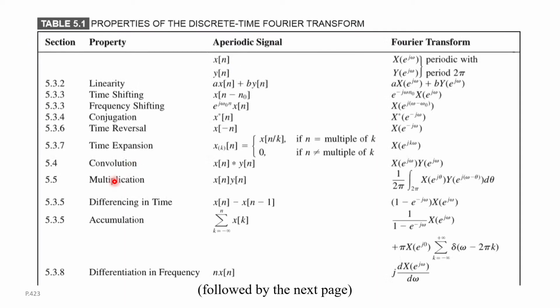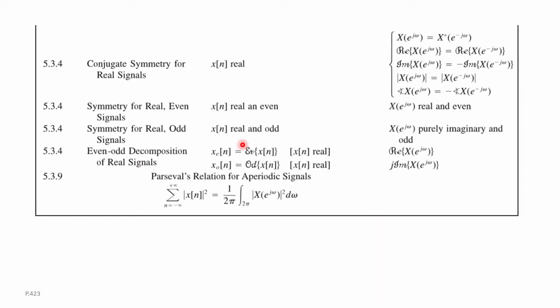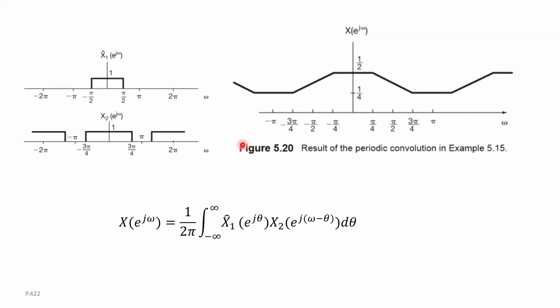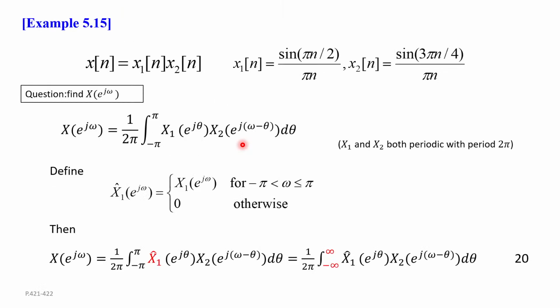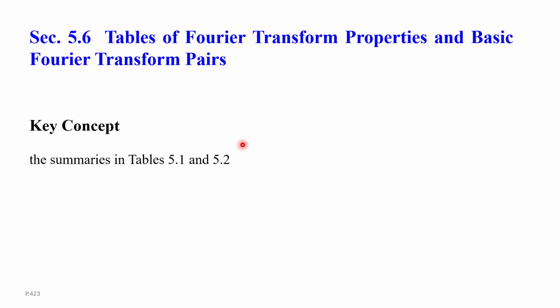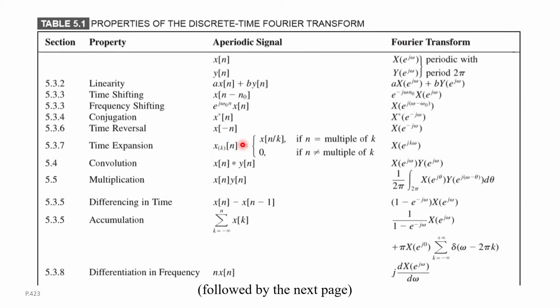Okay, so cheat sheet. So first are the properties. Once again, I forgot to list the Fourier transform formula. But anyway, properties of the Fourier transform. First you have linearity: a linear combination of your signals gives a linear combination of Fourier transforms. Then time shifting: you get minus n0 here, then you get e^(-jωn0).